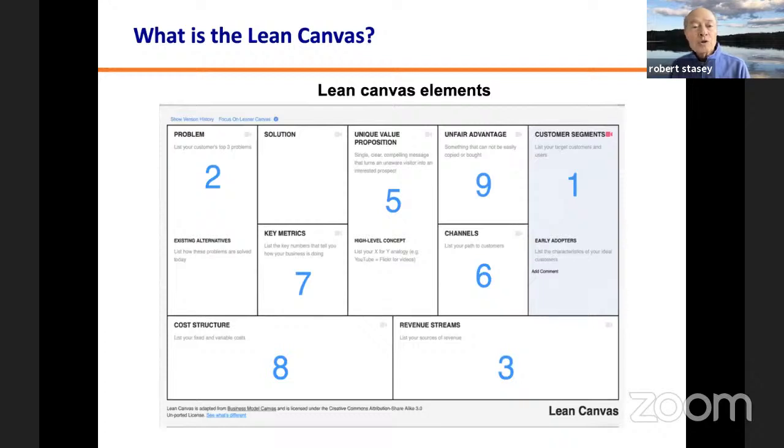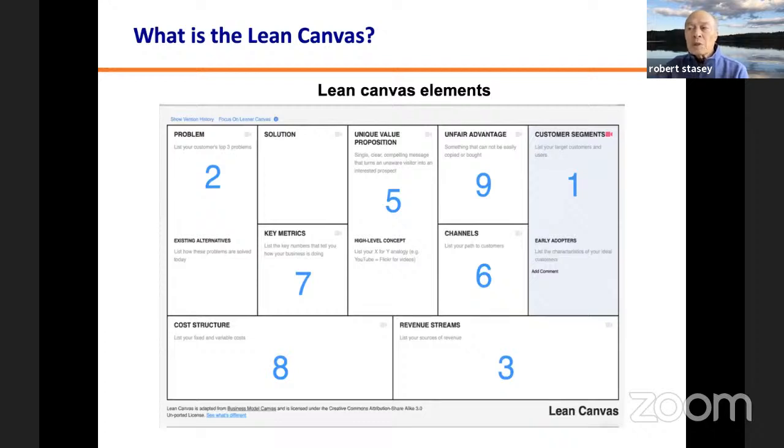What you see here in terms of the numbers is the actual sequence that we go through when we develop it. The Lean Canvas enables entrepreneurs and startups to quickly validate their business idea following the principles of a lean startup. The canvas is made for each customer segment that you've identified and validated. It includes the following steps, in this prescribed order.